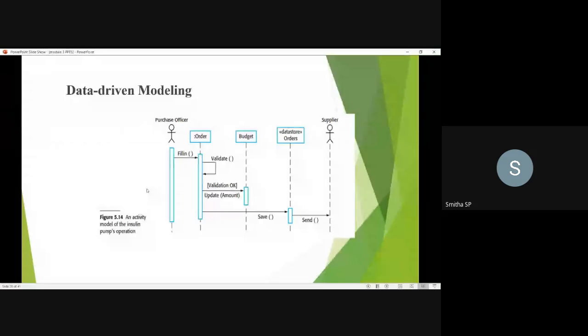The thing to observe here is that the messages are sent only from left to right. So it shows the sequential data processing in the system.